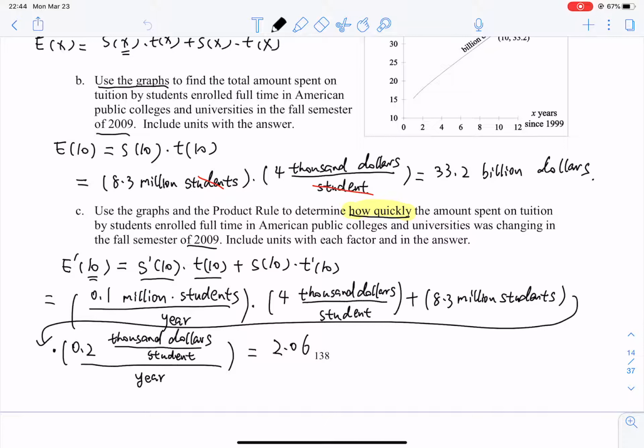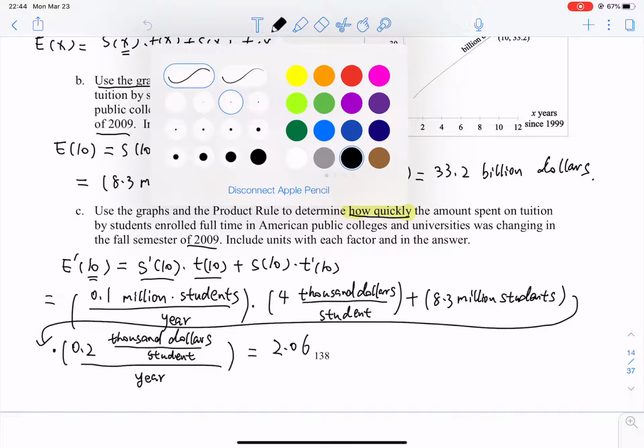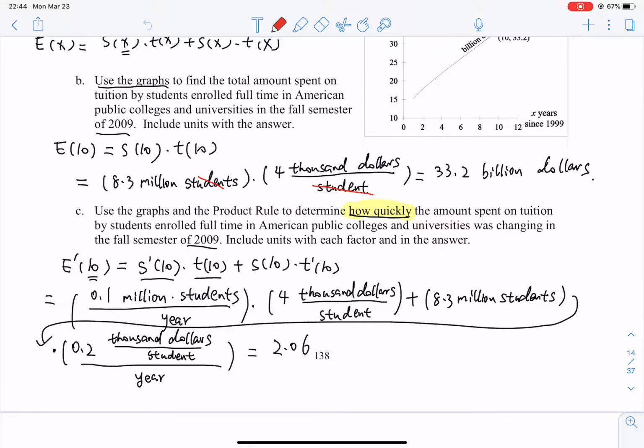So next, let's see how we can get the correct unit. For this one, it's a summation of two terms. This is our first term, the product of this one and this one. This is our second term. It's like one apple plus something, so we know the unit of the second term must also be apple.